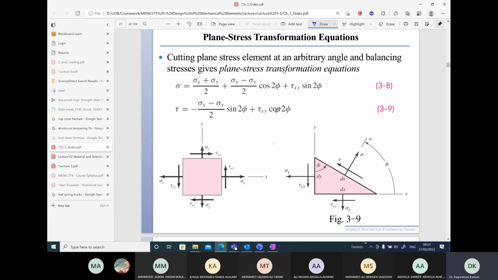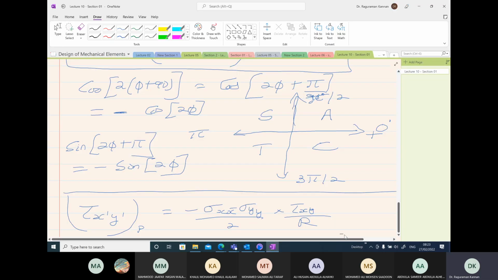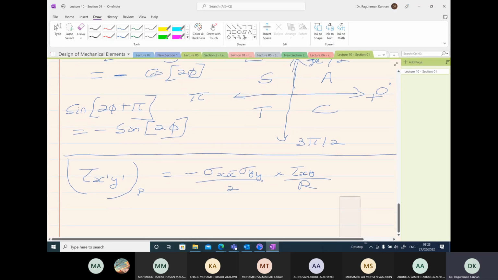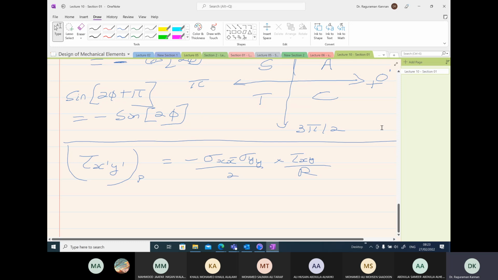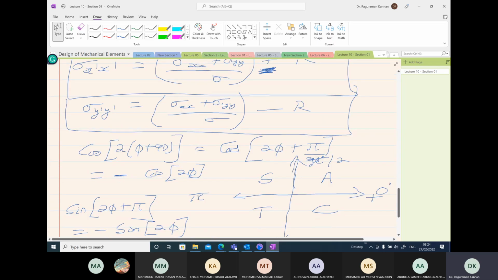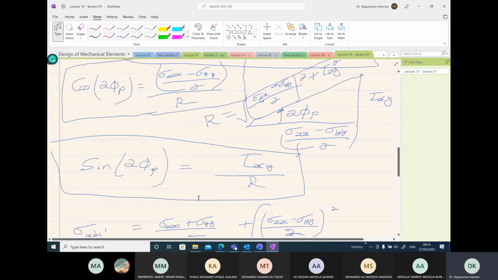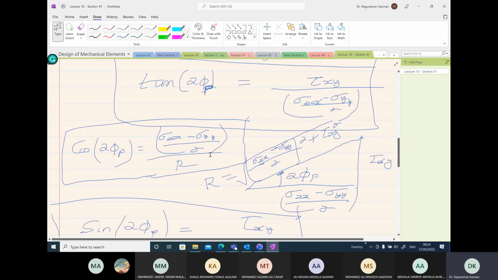Take the second term, we have tau xy times cosine 2 phi. And cosine 2 phi, we have already seen the formula.